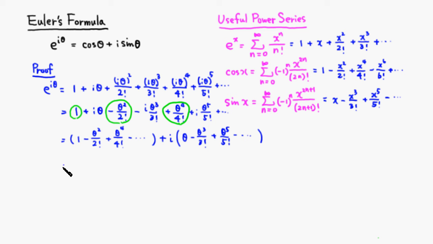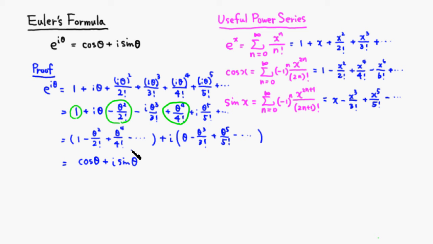So this is going to be equal to cosine of theta, plus i times these terms, which we again recognize as coming from the sine function, just that we replace x by theta. So this is going to be i sine theta. That's how you establish Euler's formula.